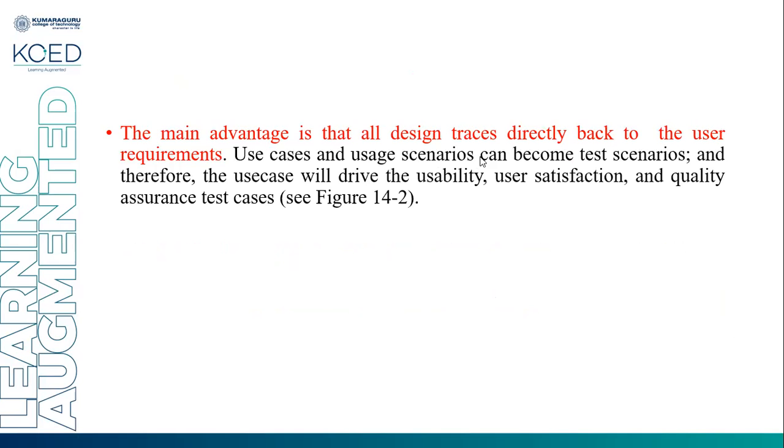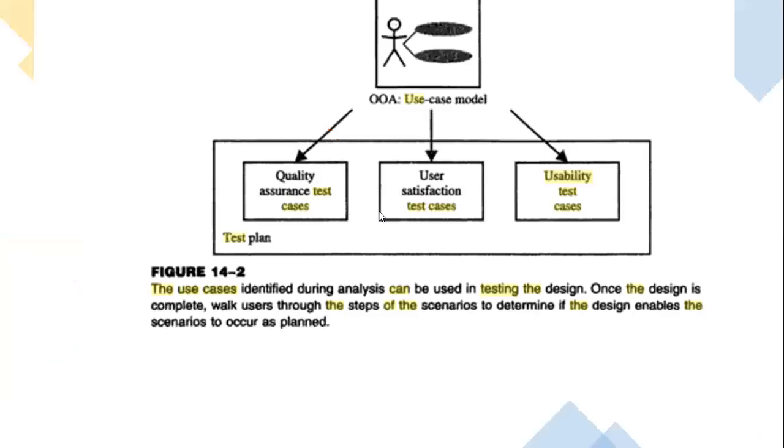Use cases and usage scenarios can become test scenarios. Therefore the use case will drive the usability, user satisfaction, and quality assurance test cases. See the diagram. We have the use case model used for quality assurance tests, user satisfaction test cases, and usability test cases.